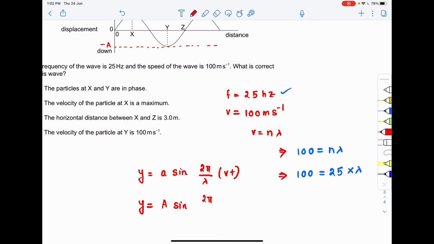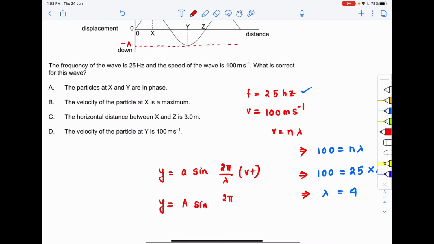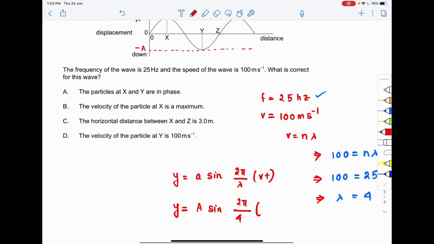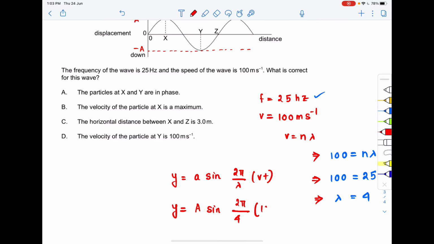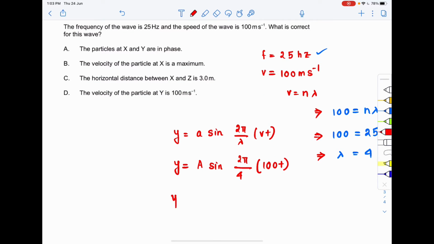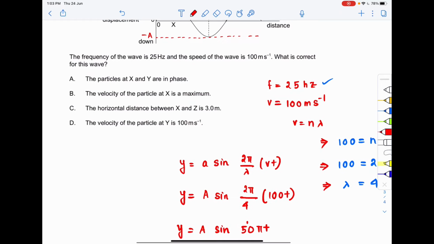So the wavelength λ is 4. Substituting 4: 2π/4 into vt, where v is 100, so 100t. So the equation of the traveling wave is y equals A sin 50πt.